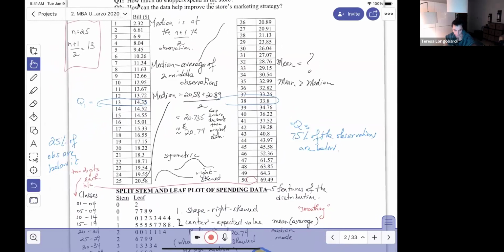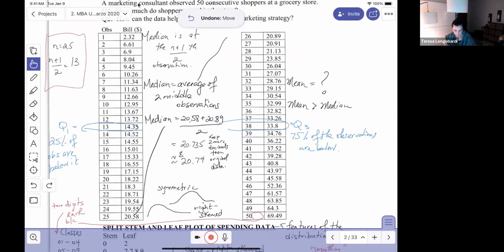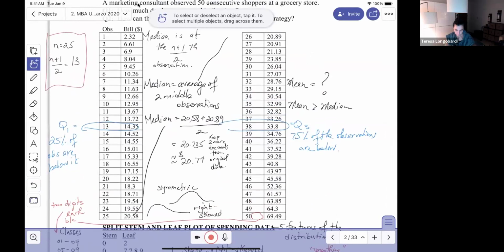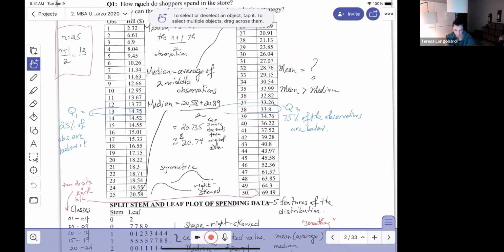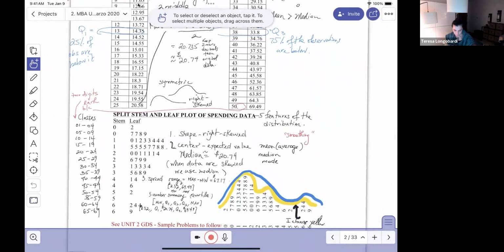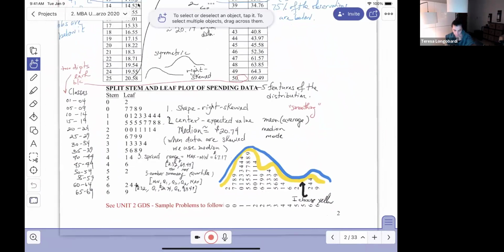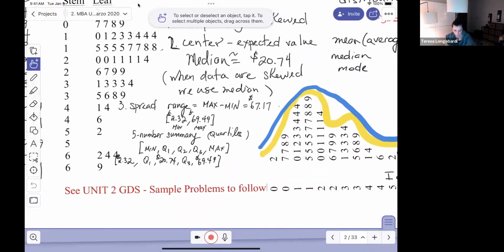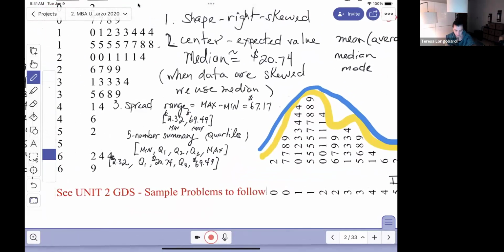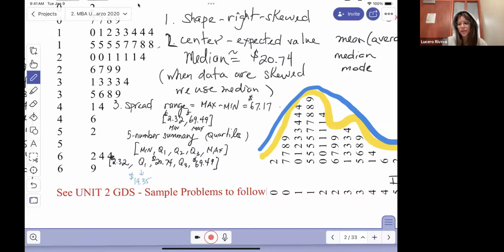I lost some things there. So you're going to tell me the numbers because I'm not going to remember. 14.35 and... what was the other one? What's Q3? 33.8.